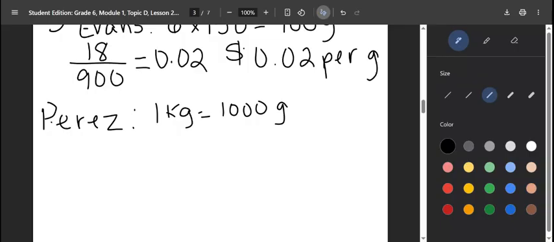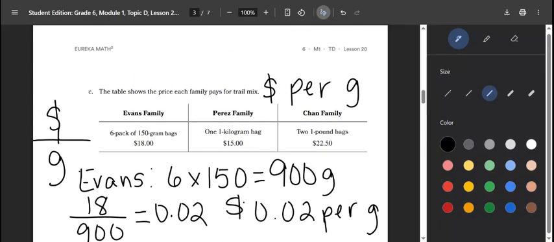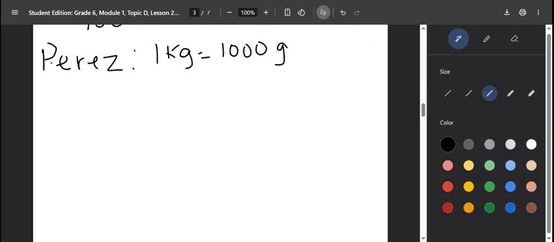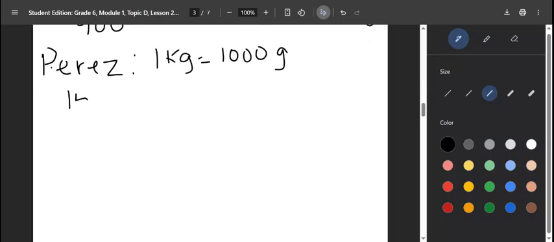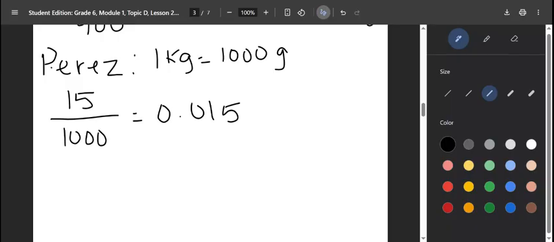So now we just have to do their price over 1,000, and their price is $15. So 15 divided by 1,000 gives you 0.015. So that means they paid that much per gram.